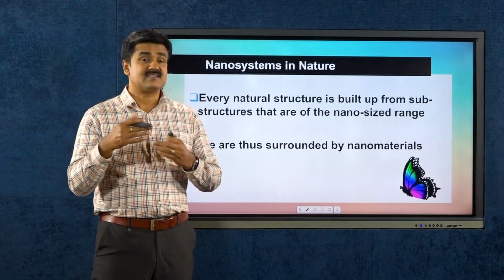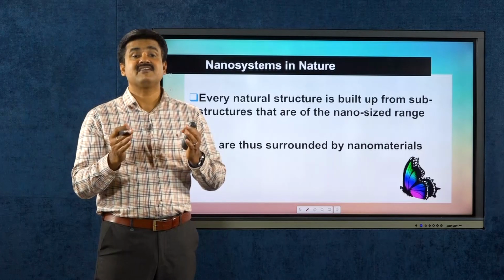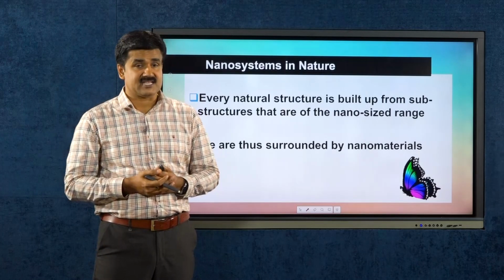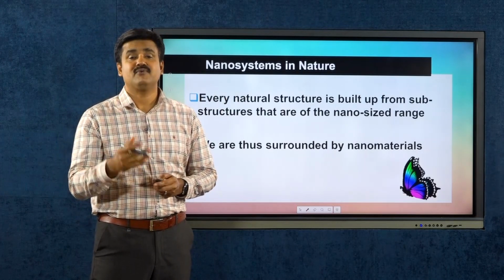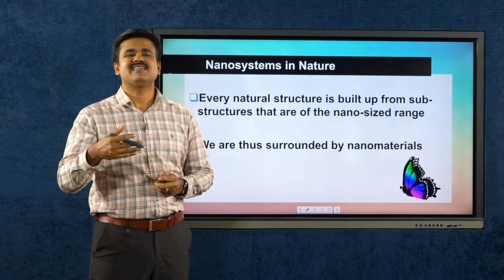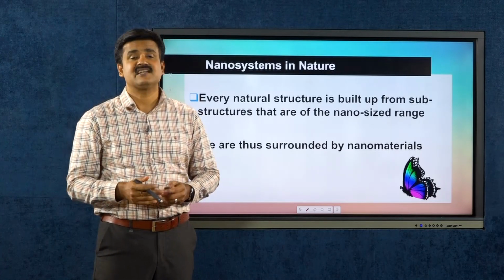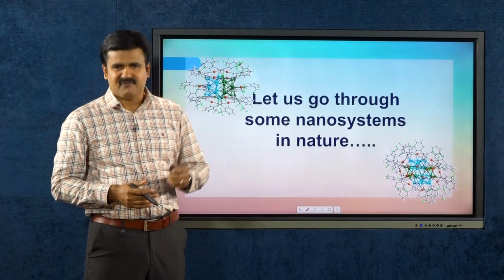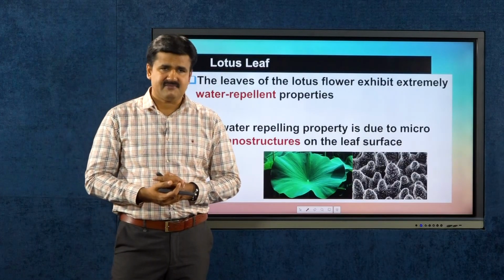Now, we can take some examples for reference. We can arrive at the conclusion that many natural systems are made up of nanomaterials. This we can prove by taking different examples from nature itself. First of all, we are taking the lotus leaf.